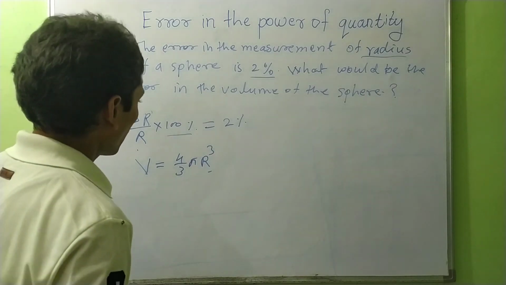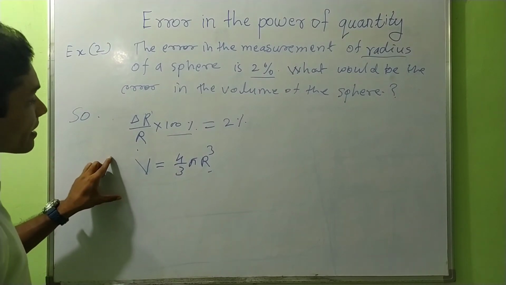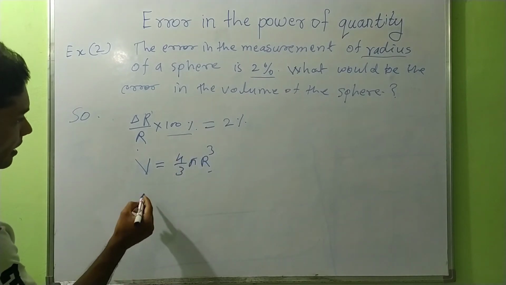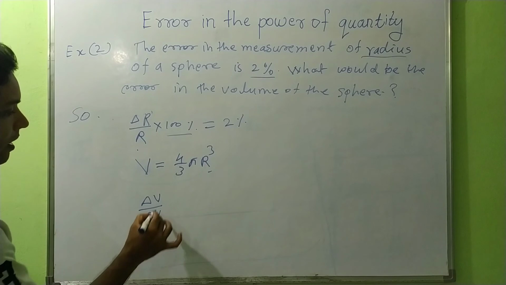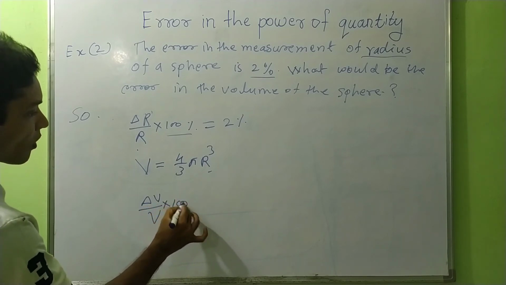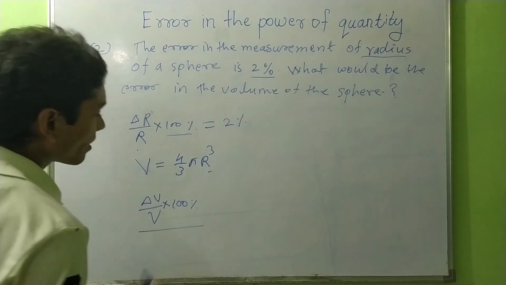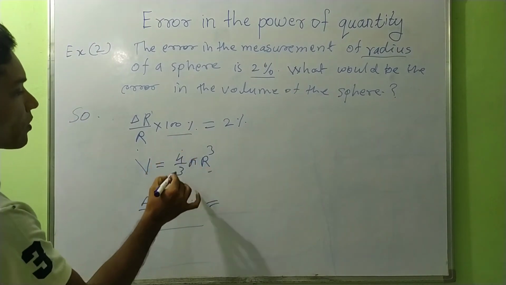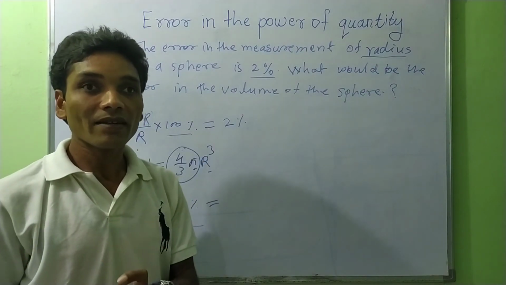So what will be the formula of the percentage error in this volume? Here will be del V upon V. This is relative error, and now we multiply it by 100%, then it becomes percentage error. Here 4 upon 3 into pi plays no role in the measurement of error.